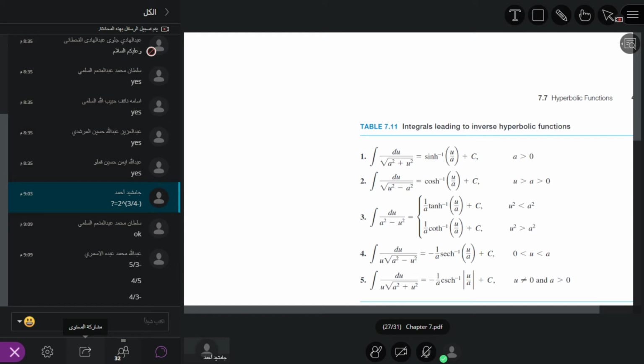Here you can see we were just given the value of sine hyperbolic x, which is equal to minus 3 by 4.